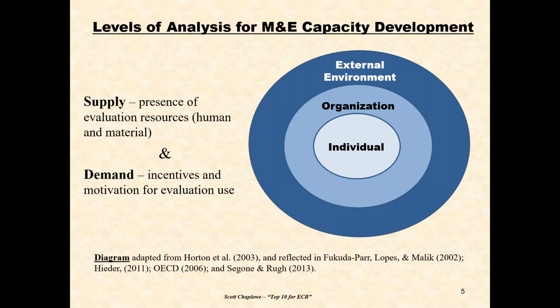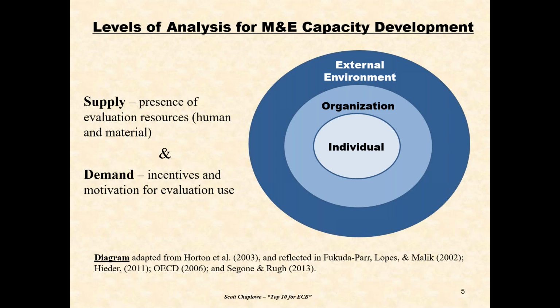There are several authors that have used this in books or reports to convey different levels within a system, from the individual learner or actor to the organization, and then to the external environment, which is often where the mission of the organization lays. What kind of change and condition are they seeking to achieve?